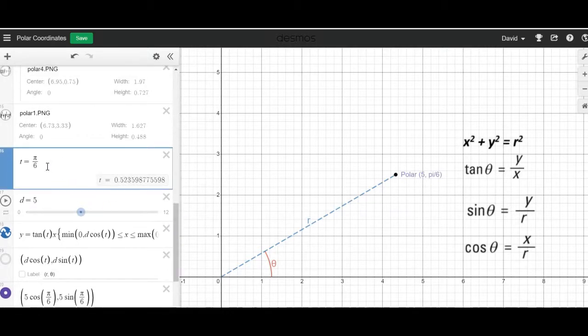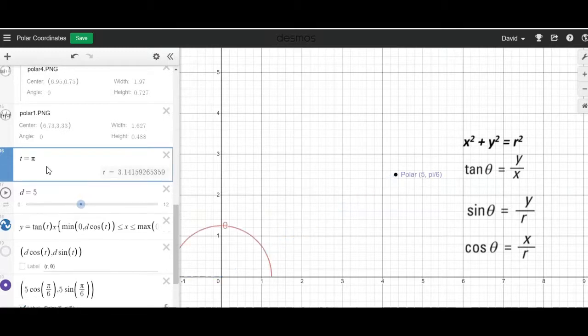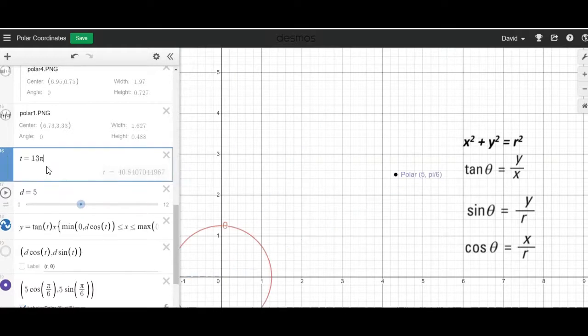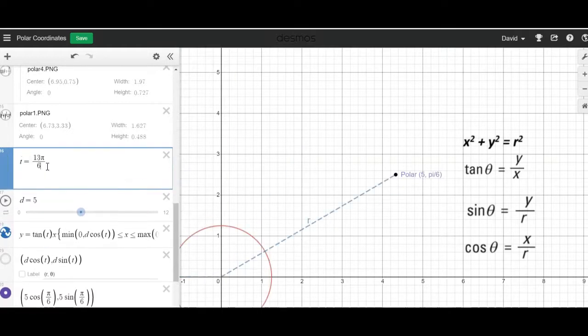But I could do pi over 6 plus 2 pi, which would be 2 pi is the same thing as 12 pi over 6, plus 1 more would be 13 pi over 6, right? And I've gone all the way around one time, and I'm back to this point again, right?